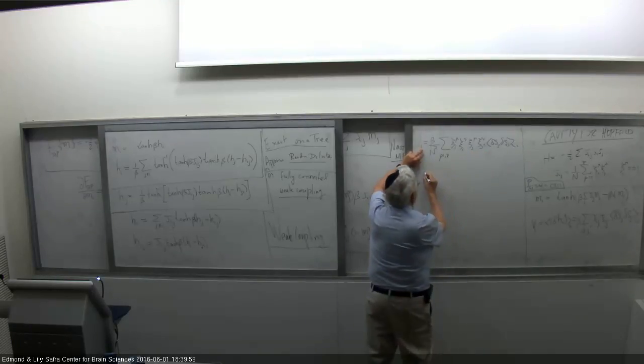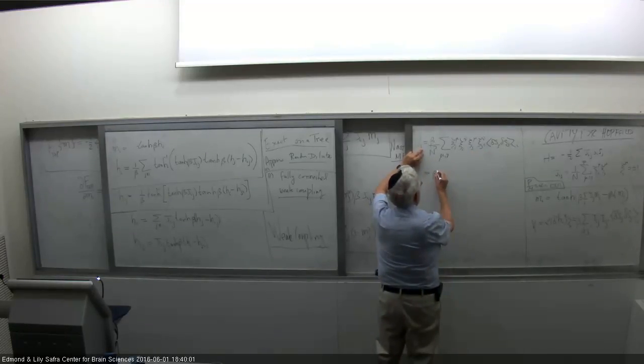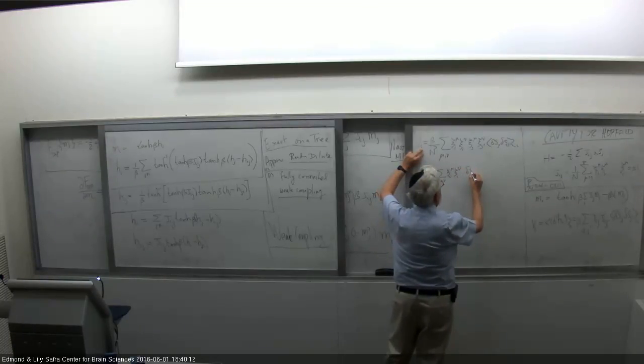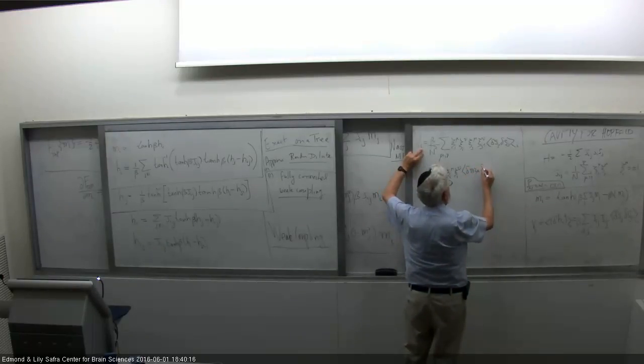So we get beta times the sum over mu and nu of Xi mu, Xi nu, times the correlation between the overlap with mu and the overlap with nu.